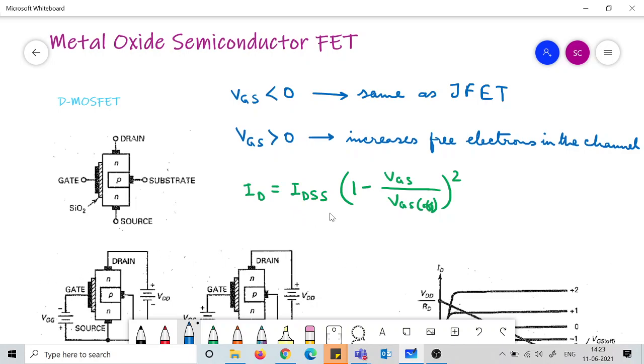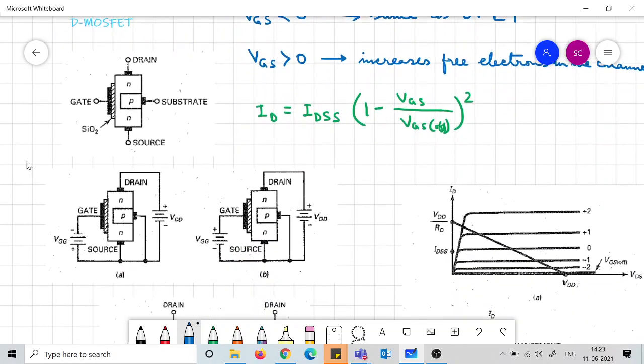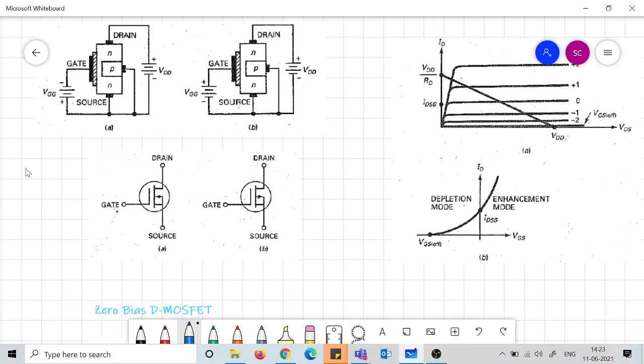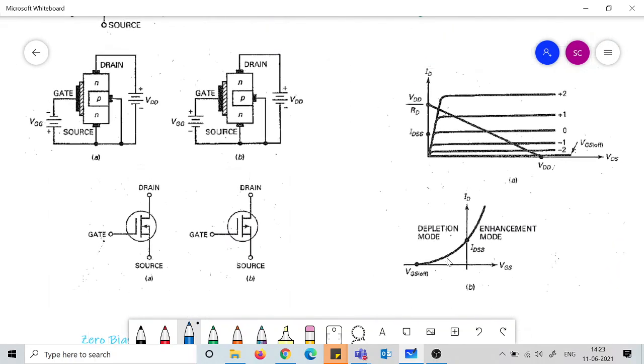And the same square law is followed. That means the transconductance curve simply extends in the positive VGS region. So now you see the curves. The transconductance curve here is simply extending in the VGS greater than 0 region.